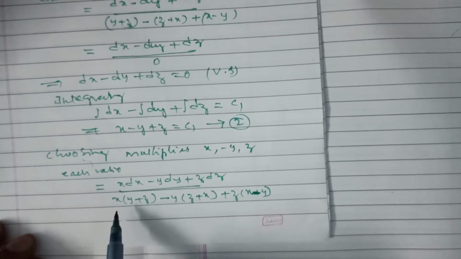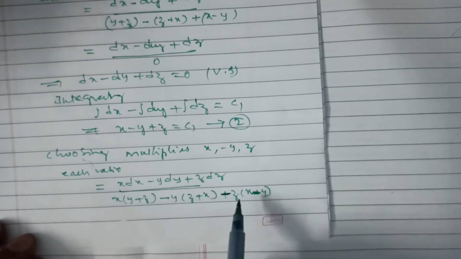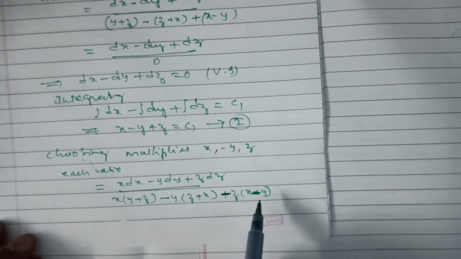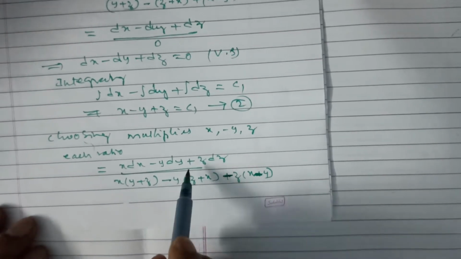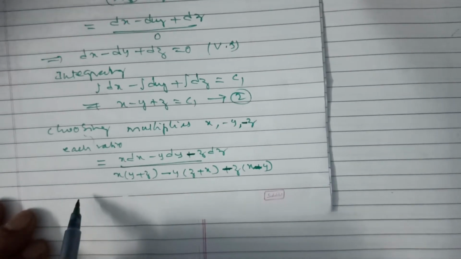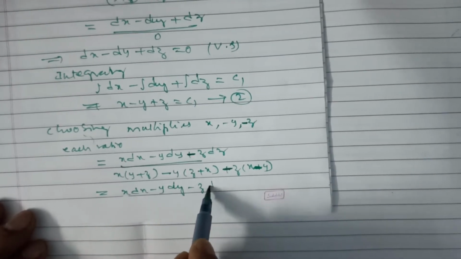Next, plus xy, here it is minus xy, so it is cancelled. Another one: this is minus z, so that plus xz minus xz is cancelled. Plus yz here, z into minus y is minus yz, here plus yz, so all are cancelled. It is now equal to x dx minus y dy minus z dz whole divided by 0.